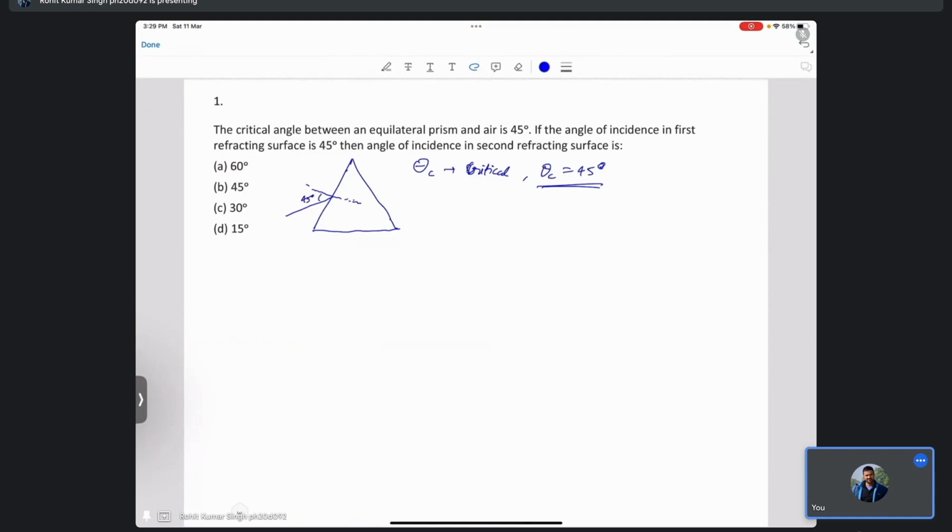You know that when light is incident on a surface, and if the angle of refraction is 90 degrees, if it goes just grazing on the surface, then we call this incident angle the critical angle. If the angle of incidence increases beyond this, then the light will be reflected, which is called total internal reflection. So you can use Snell's law here. Suppose it has a refractive index mu.